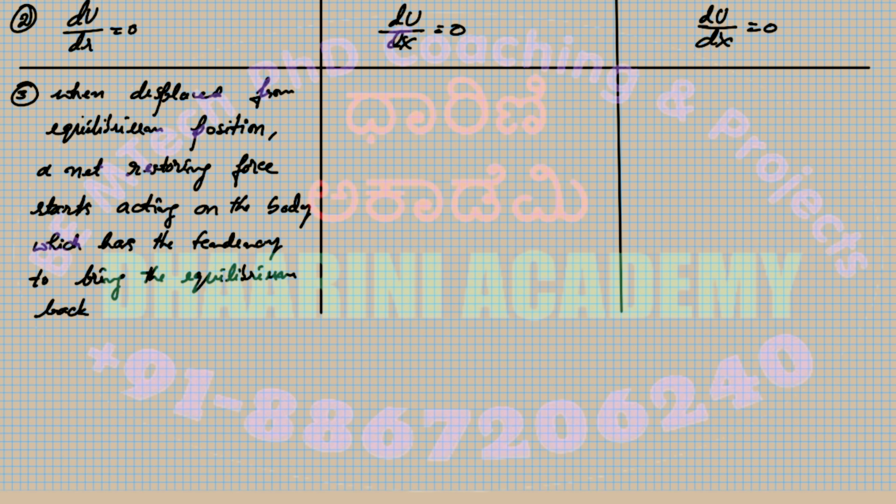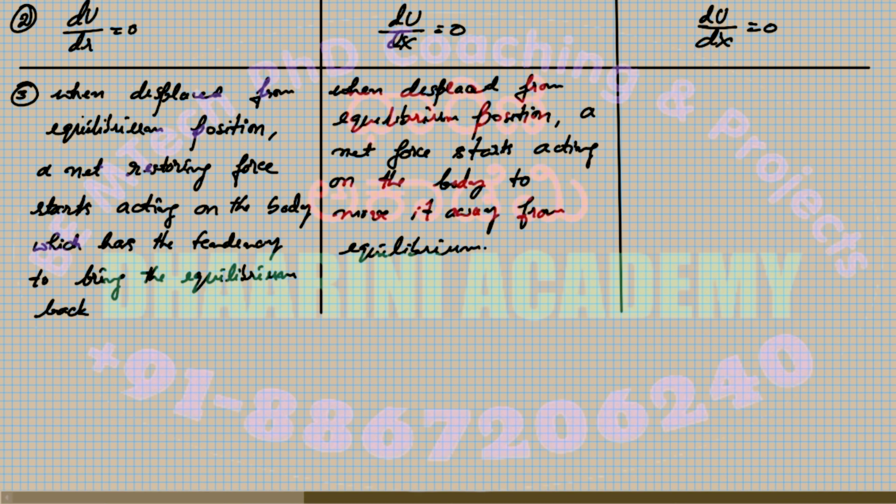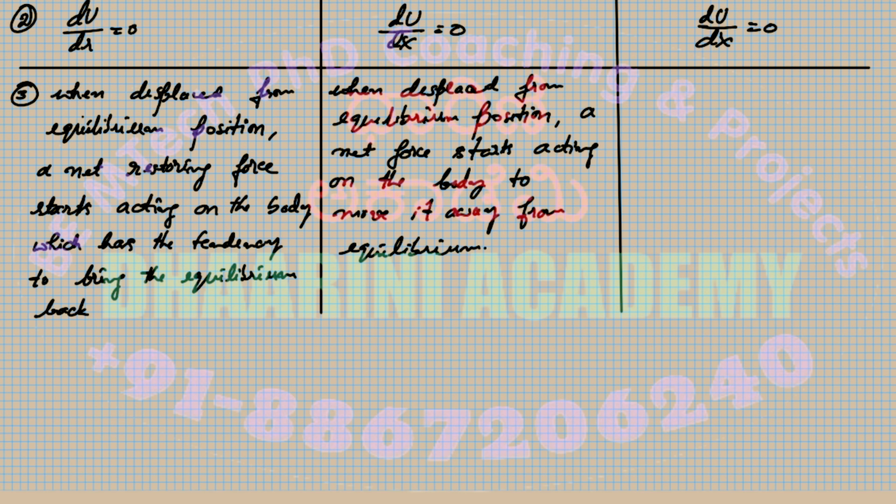Okay, let's move further. What happens when you try to disturb the equilibrium of an object in neutral equilibrium? Right now we will see that. Under this third column we are going to write, let us say we try to displace the object in neutral equilibrium.